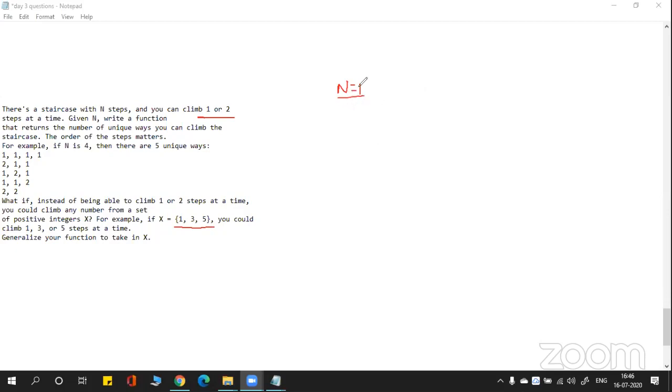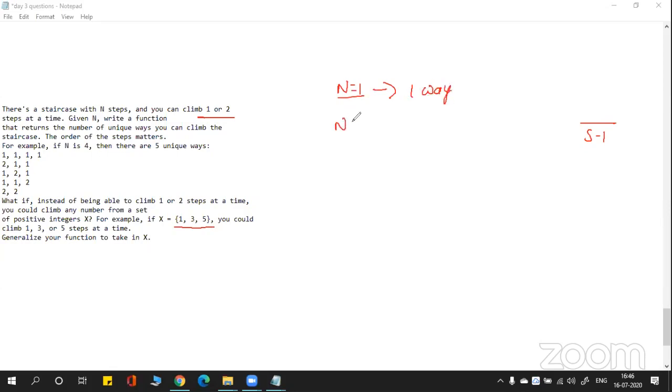When n is equal to 1, that means there is only one step. In how many ways can I climb this one step? So I'm writing step 1. You can climb either by using 1 or 2. So when n is equal to 1, in how many ways can we climb those steps? Only one way.